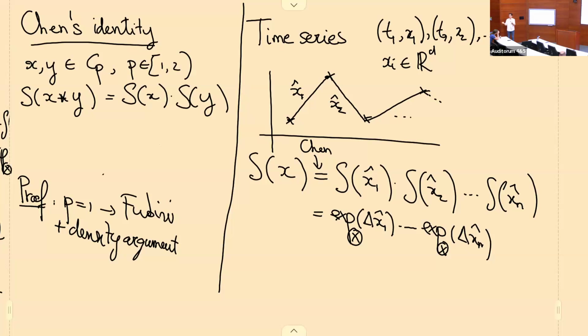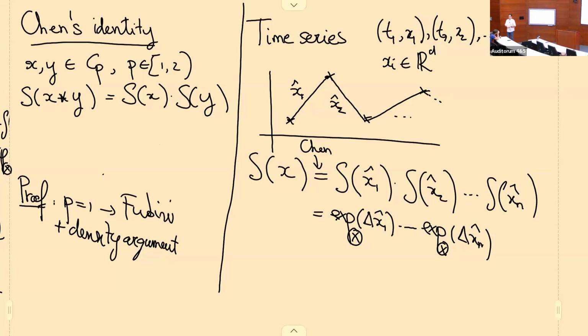So in that case, the signature can also be computed at an arbitrary resolution. And using Chen's identity, you can, for example, use dyadic partitioning to compute signatures over smaller intervals and then concatenate them, taking the product to compute the signature on a bigger interval, right? Because you can query the path at an arbitrary resolution in the case of Brownian motion, you can also query the signature at an arbitrary resolution.